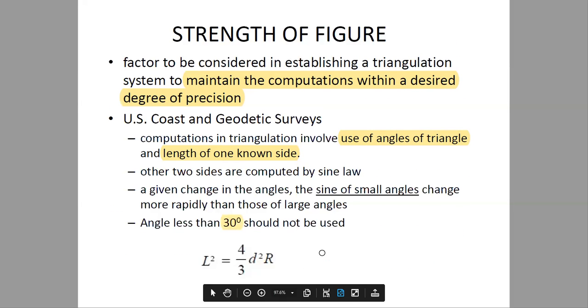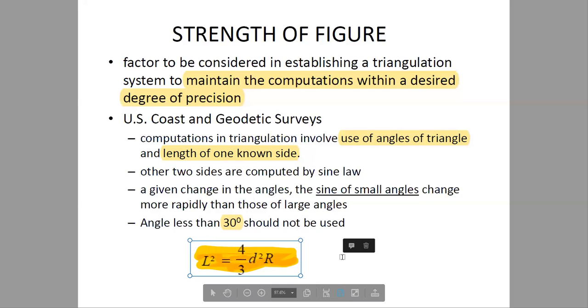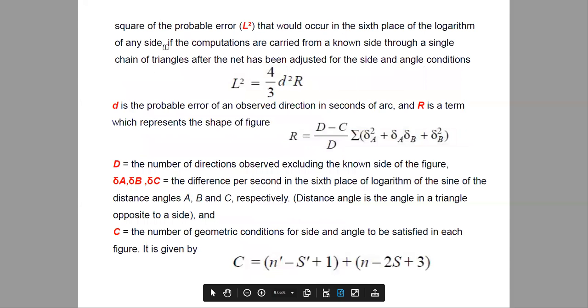Now we can see an equation written over here, that is L square is equal to 4 divided by 3 d square R. What is this? This is basically the error involved during a triangulation step. Okay, that is the square of the probable error that would occur in the sixth place of logarithm of any side.